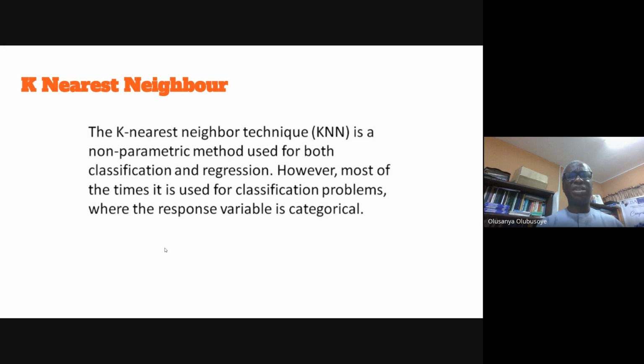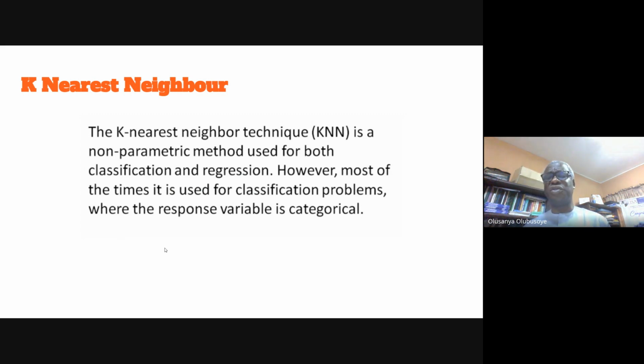For parametric techniques, they are developed based on the underlying distribution assumed. But here for K nearest, it doesn't have any such underlying distributional assumption. So it can be used for both classification and regression.